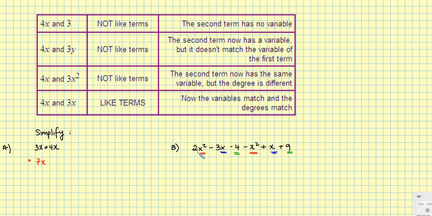So I add up 2 and -1x squared. So 2x squared minus 1x squared gives me 1x squared. -3x plus x gives me -2x. And then -4 plus 9 will give me +5. So there's my solution there.